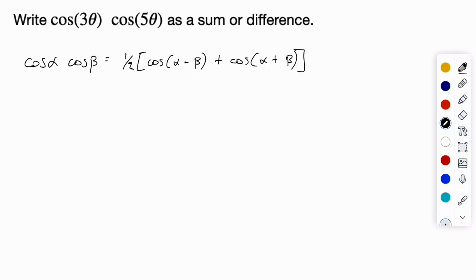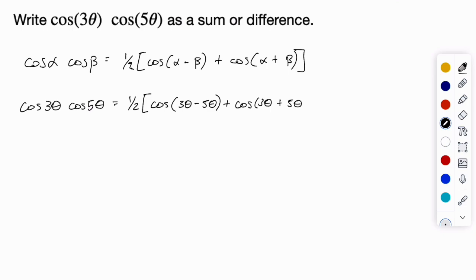Therefore cos 3 theta cos 5 theta is equal to a half of cos of 3 theta minus 5 theta plus cos of 3 theta plus 5 theta. Brilliant. So what do we get?